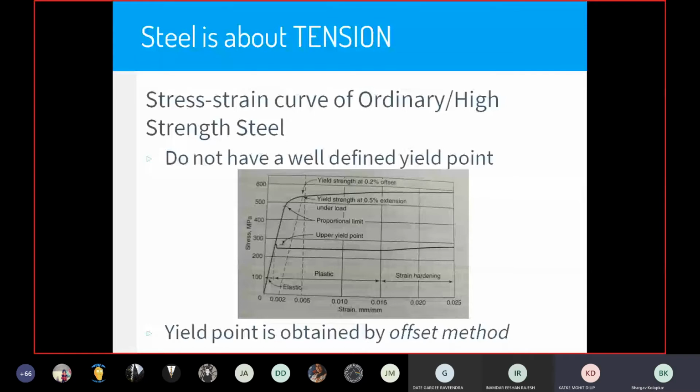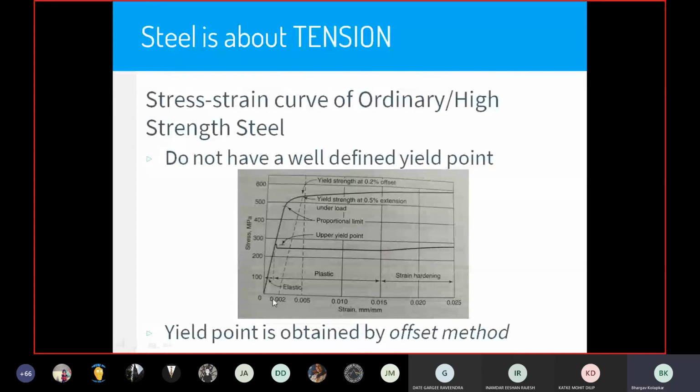Actually, that's a very important intrinsic property that steel exhibits. The value of Young's modulus, or the stiffness of steel as a material, is the same irrespective of what grade it is. What changes is the maximum stress it can take. For example, here the maximum stress it can take is somewhere between 200 and 300. For high strength it is somewhere between 500 and 600.